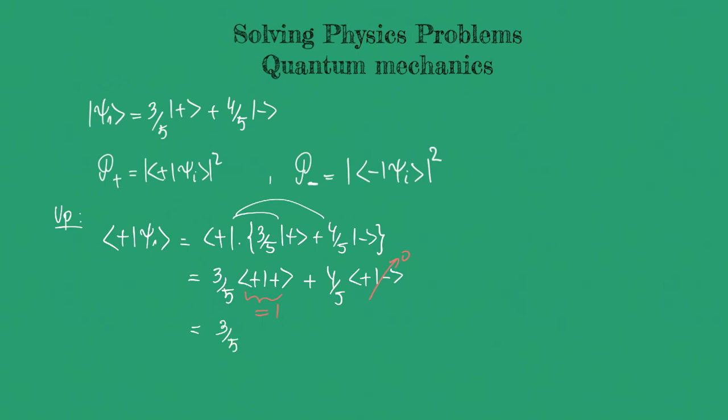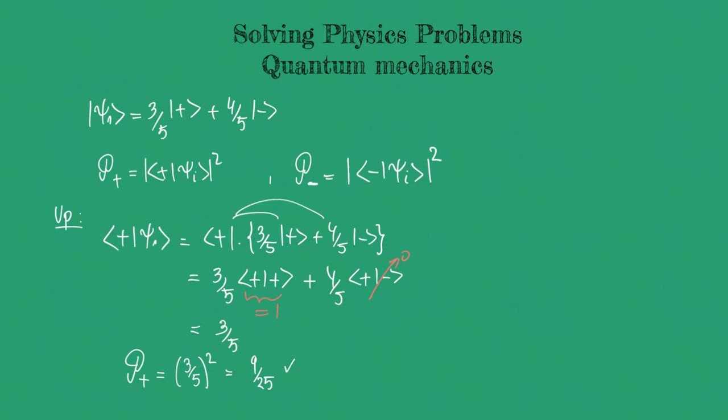If we plug back the result of this inner product into our definition for the probability of finding spin up, we end up with 3/5 squared, which is 9/25. So that's the probability of finding spin up if a measurement is made on the quantum state ket psi1.